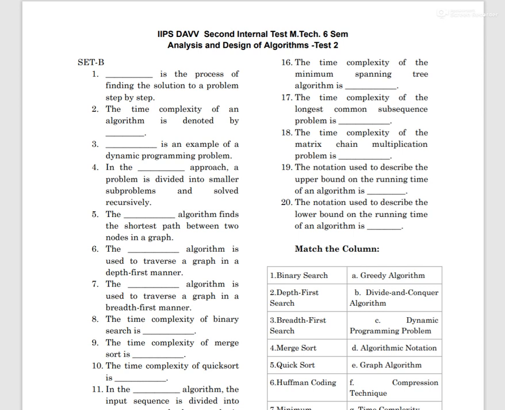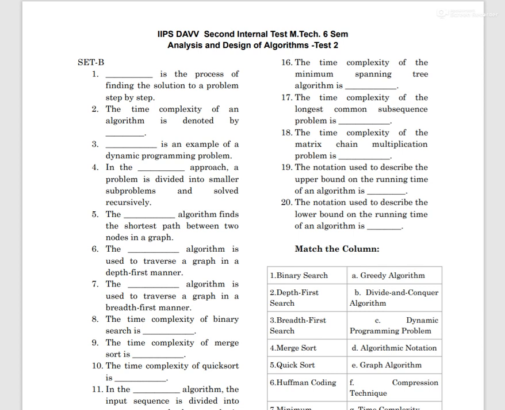If both the sequences consist of n number of letters, then the time complexity can be order of n square. So here the correct answer is big O or order of mn.